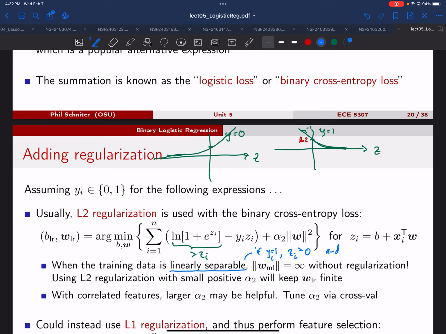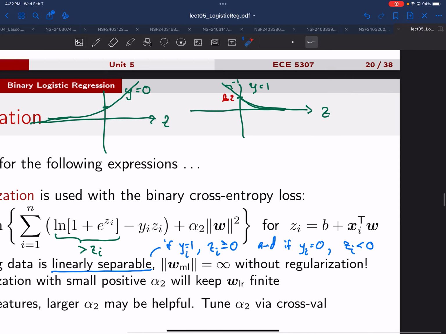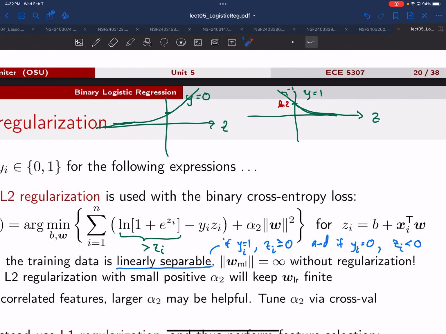And if yi is 0, we get zi less than 0. So those are the two cases. When y equals 1, we have positive z's. When y equals 0, we have negative z's. Let's take a look at those curves. When we have linearly separable training data, in the y equals 1 case, we're always to the right. And in the y equals 0 case, we're always to the left. z is always negative.